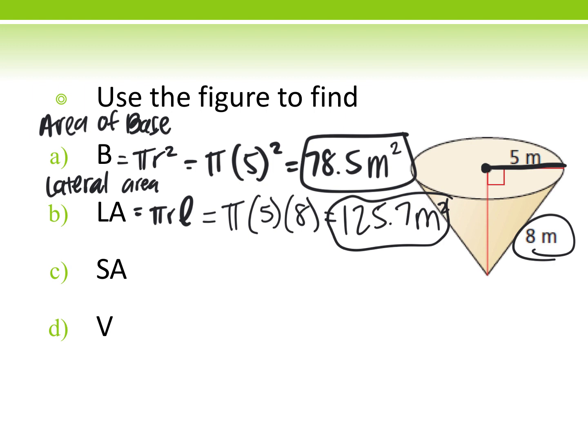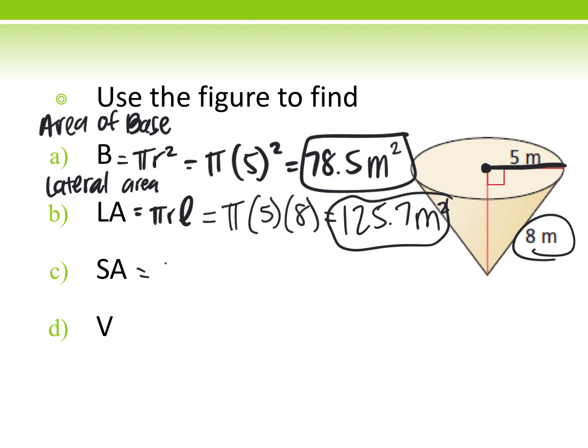Now, surface area is what? Very good. But we just found both of those. So surface area is we're just going to add the area of the base plus the lateral area. That will give me the total surface area of the entire cone.